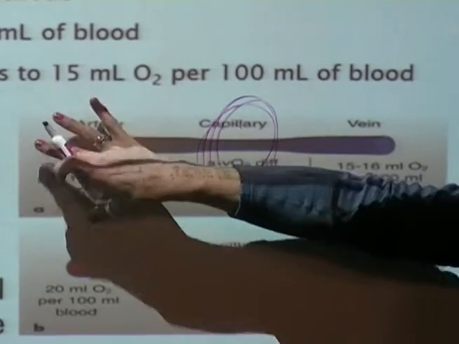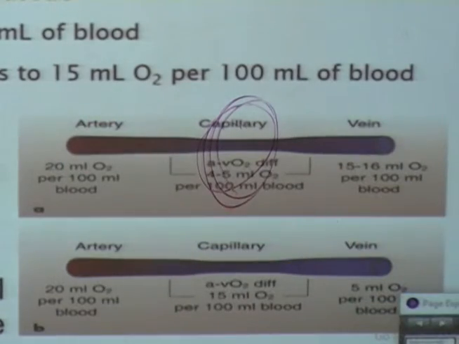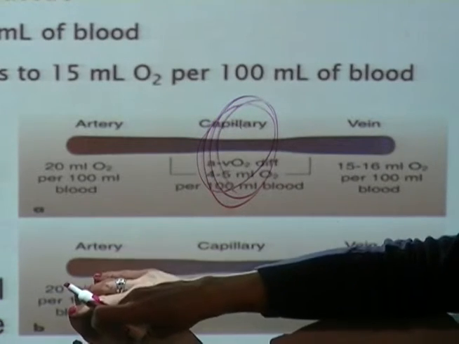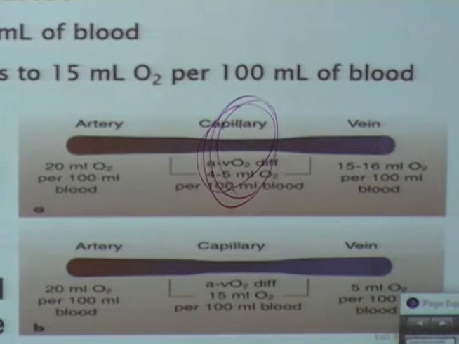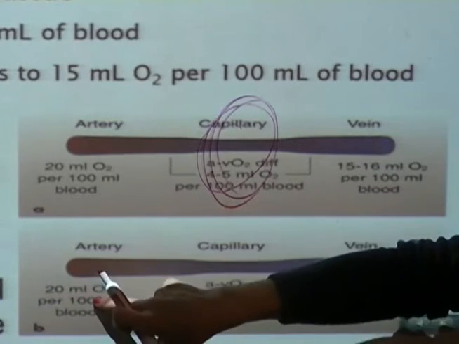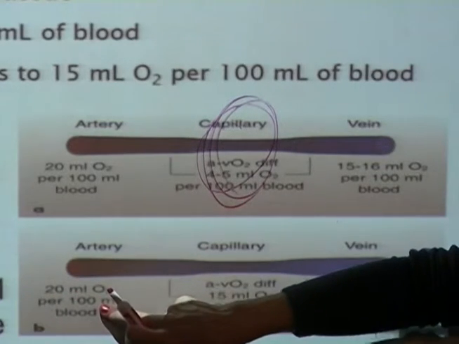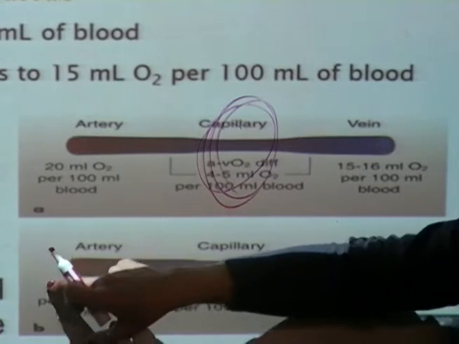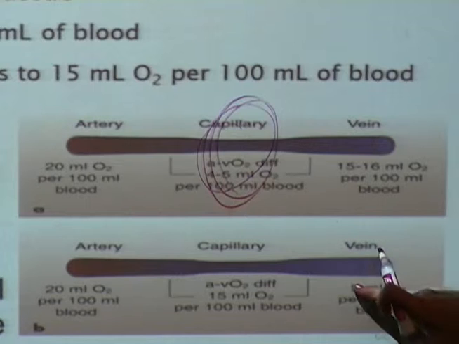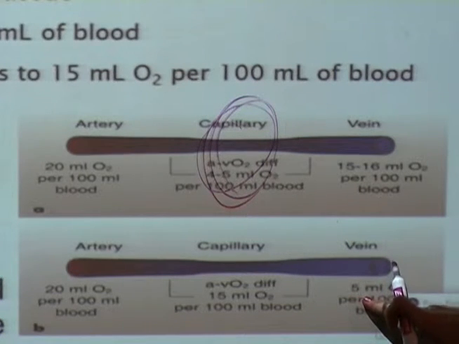Then this person goes and exercises. Well, on a given day, I don't get more red blood cells, I don't get more blood plasma, or more hemoglobin. So on this day, this person still has 20 milliliters of oxygen per 100 ml. When I look at the oxygen in the vein, however, it's down to 5.